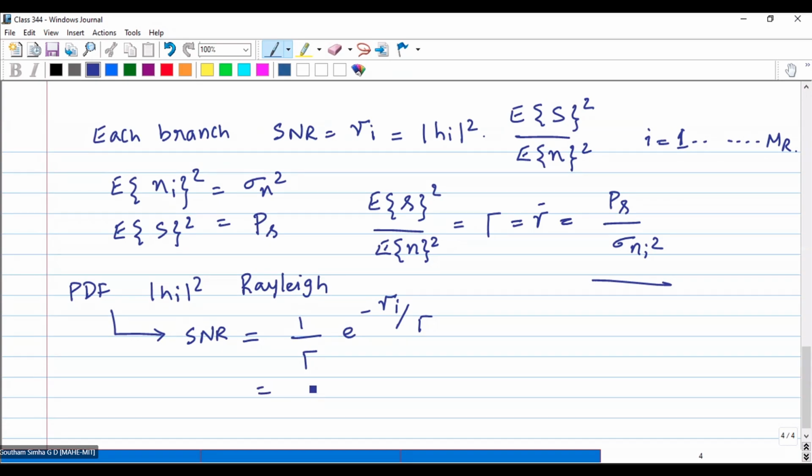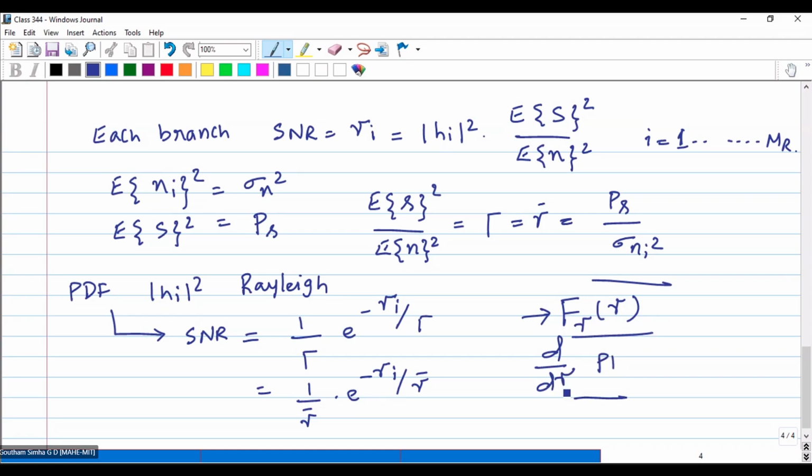This is also equivalent to 1 by gamma bar. 90% of the books will follow this notation, small gamma bar, and you can write whatever you want. You can write it in terms of F gamma of gamma also. This is also from the CDF. You take the d by d gamma of this, you will get the PDF. Take the CDF and get the PDF; differentiate the CDF, you will get the PDF.